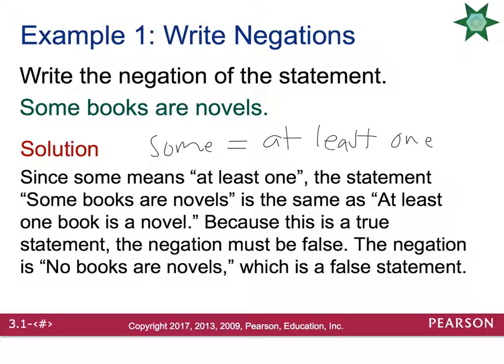So we could say some books are novels, or we could say at least one book is a novel. That would mean the same thing. Now that is true, right? The negation has to be false, so the negation would be no books are novels. So this would be a false statement because there are some books that are novels. At least one is, right?